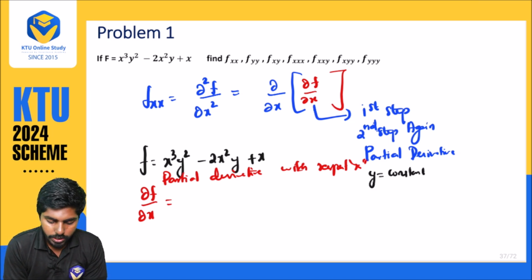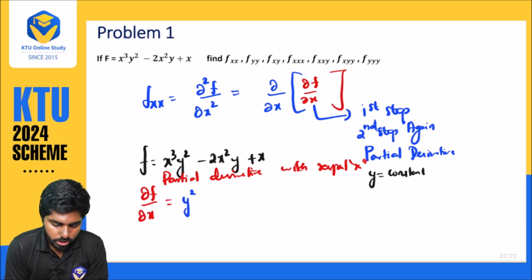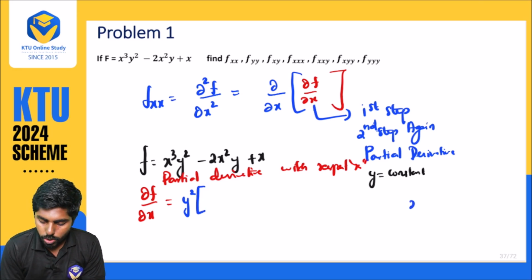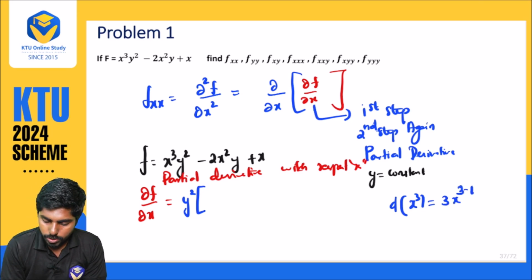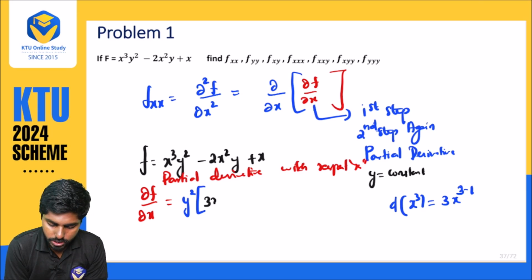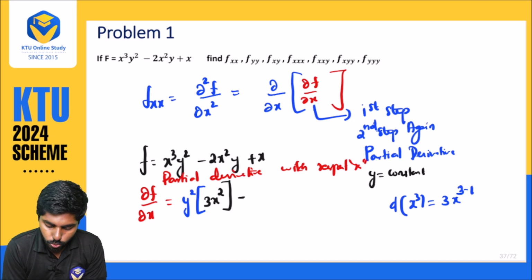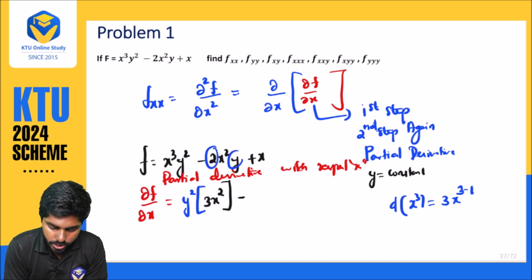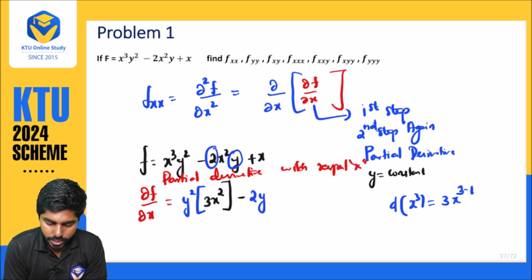So the first term, y square is constant, so taking it outside, we have x cube. Differentiation of x cube is 3 into x power 3 minus 1, that is 3x square. Minus 2y is constant, so I am taking minus 2y outside.